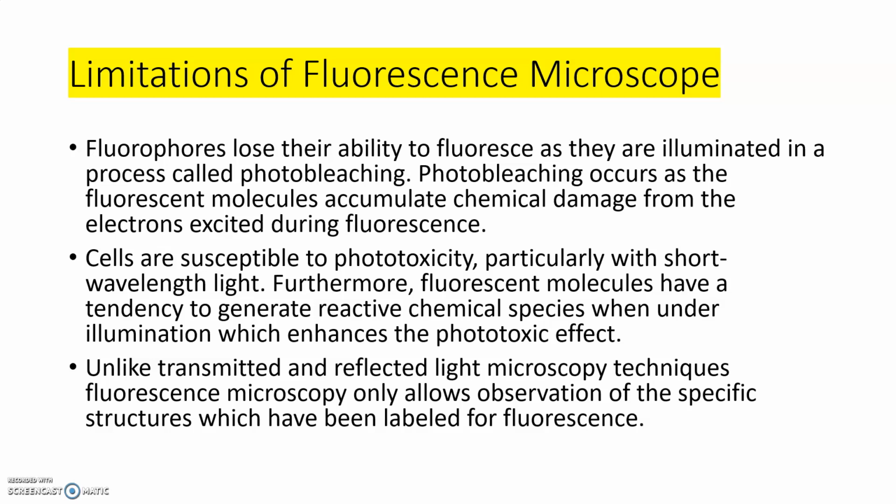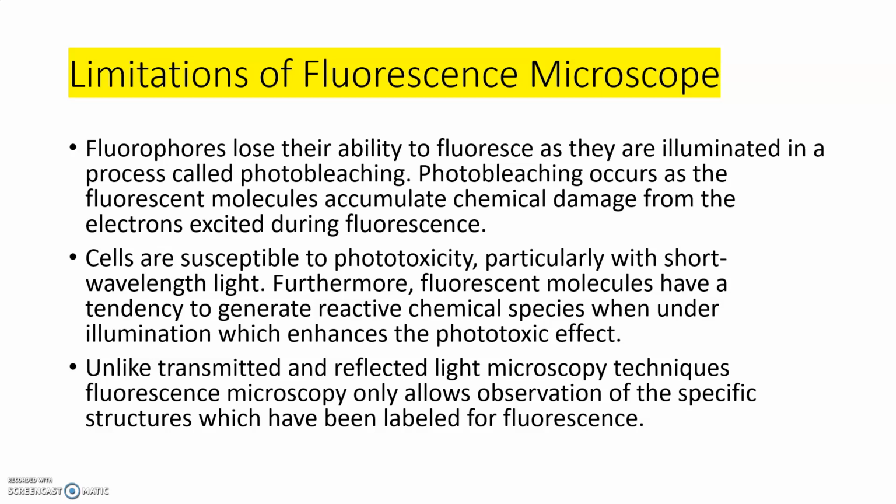Another limitation is that the cells are susceptible to phototoxicity, particularly with short wavelength light. So most of the cells die. Furthermore, fluorescent molecules have a tendency to generate reactive chemical species when under illumination, which enhances the phototoxic effect.